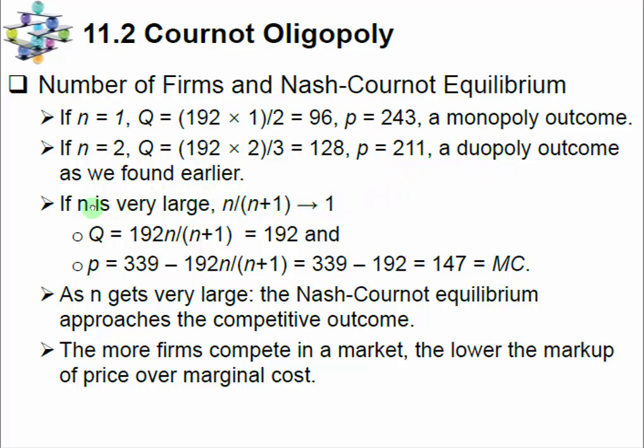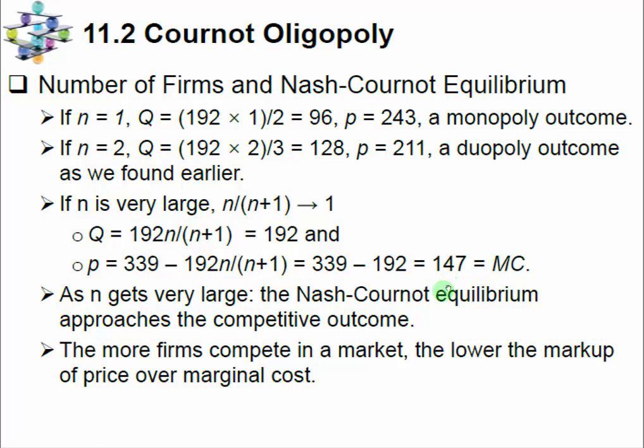As n gets large, n over n plus 1 is getting closer and closer to 1. So that means the output quantity will get very close to 192. And the market price will be very close to 147, which is the competitive outcome.